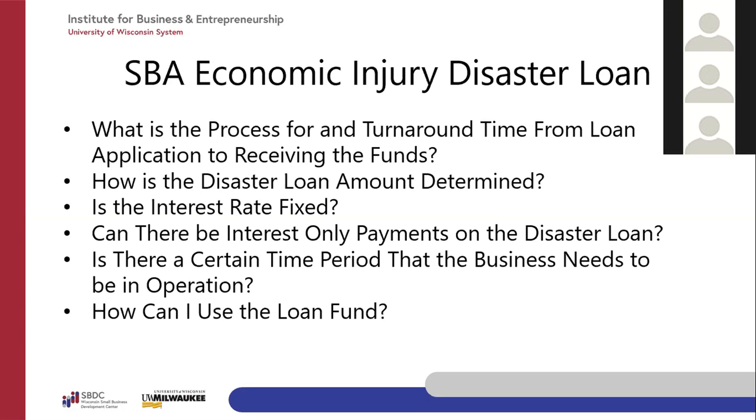The disaster loan is determined by a few things. One, you have to be in business before a certain date. Two, you have to be having revenues in your business. You can't be a brand new startup with no revenues. You do have to demonstrate what your 12-month sales history looks like, as well as what your 12-month average expenses look like.